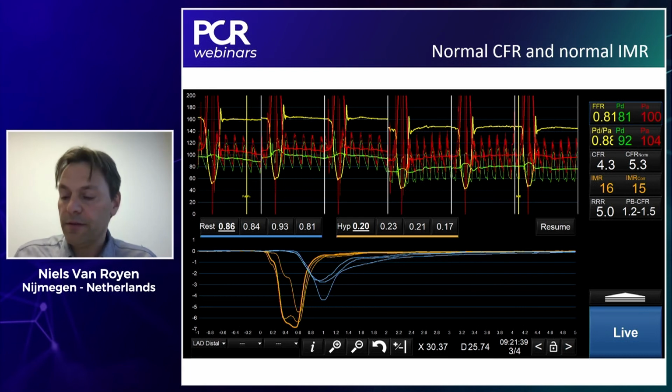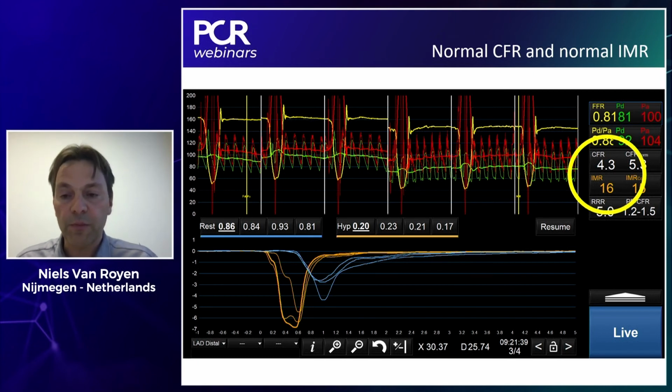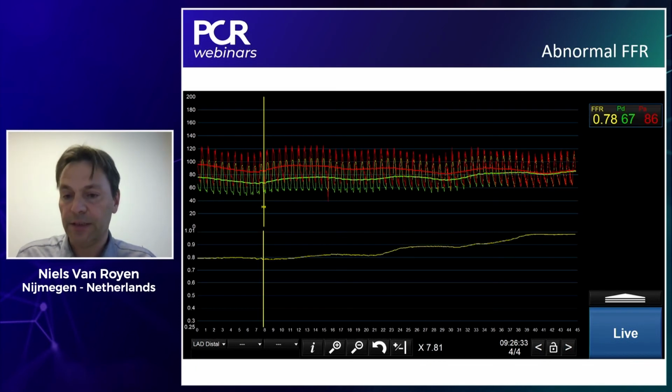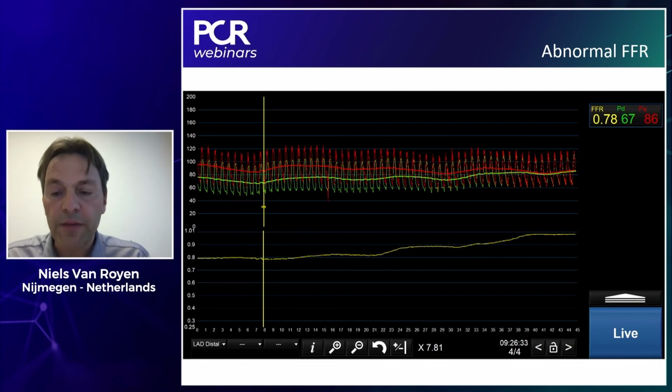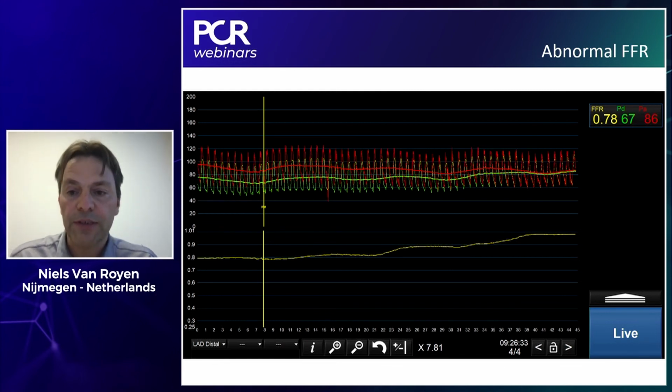Then the CFR and the IMR measurements, as you can see, both were normal. So CFR was 4.3 and IMR was well below the threshold of 25 at 16. Then we also performed FFR, and this was a little bit to our surprise because, as said, at the index event, we had a normal iFR, but now we had an FFR, which was actually positive at 0.78.